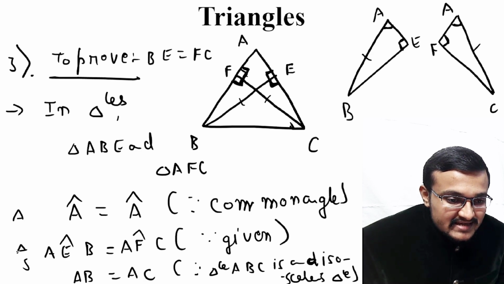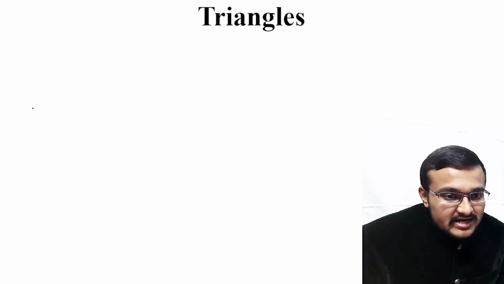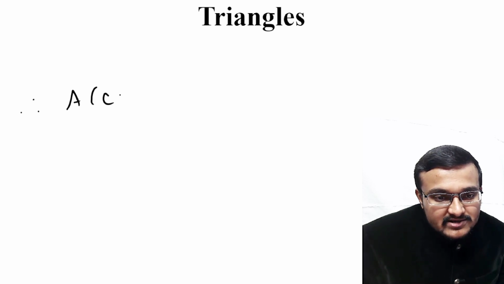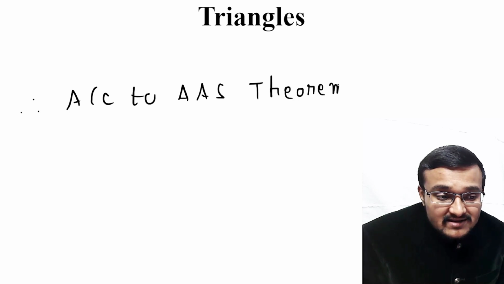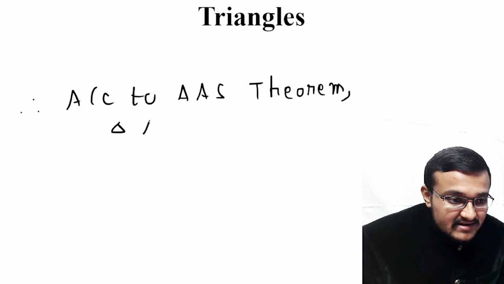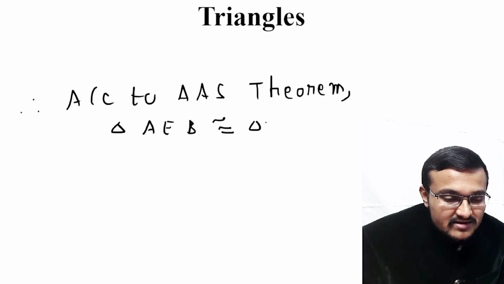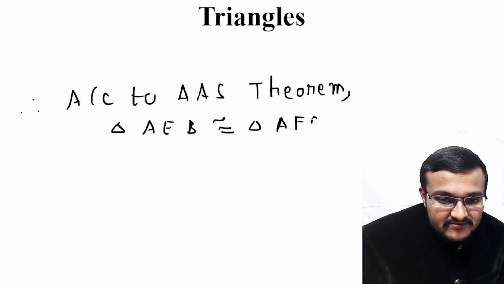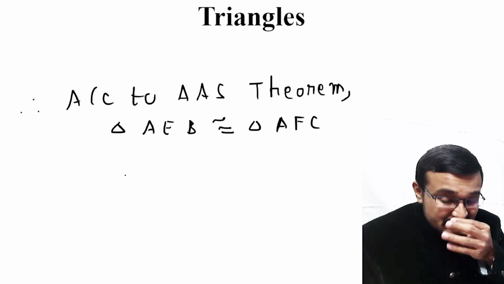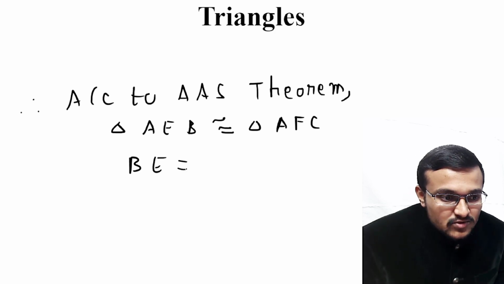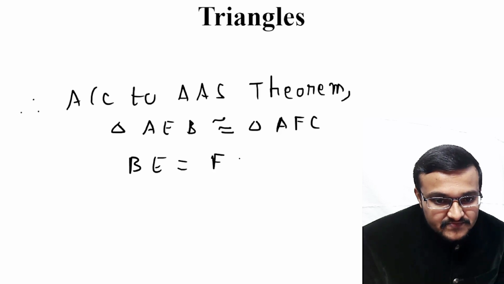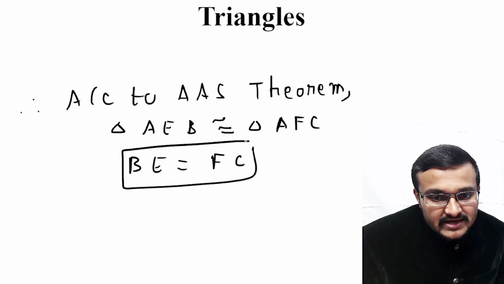So according to the AAS theorem, triangle AEB is congruent with triangle AFC. Since triangle AEB is congruent with triangle AFC, here BE is equal to FC.